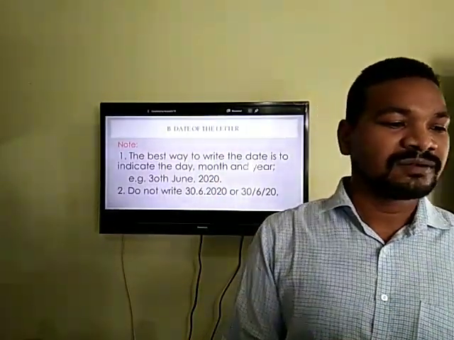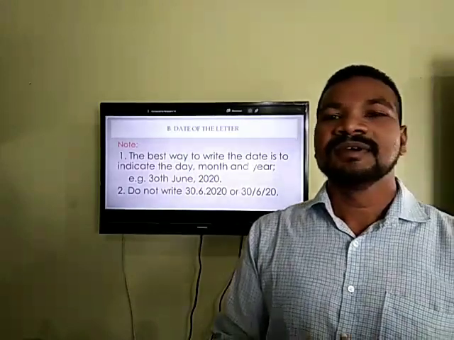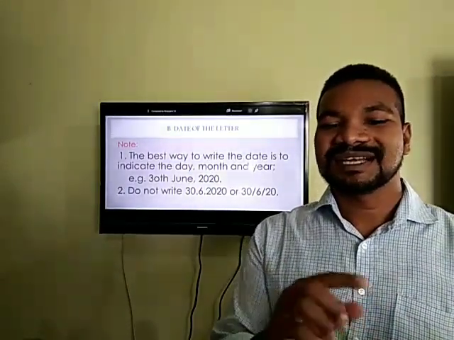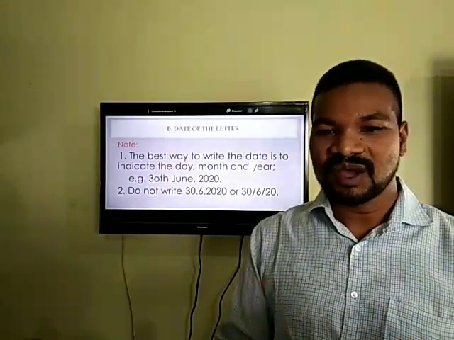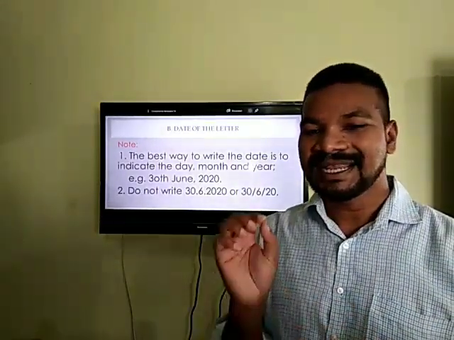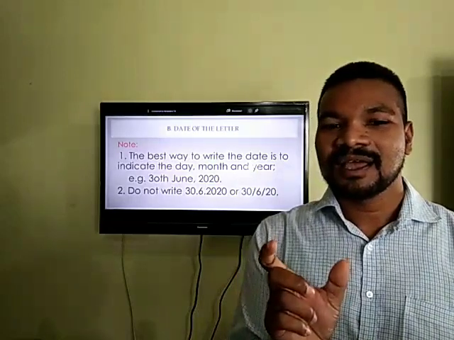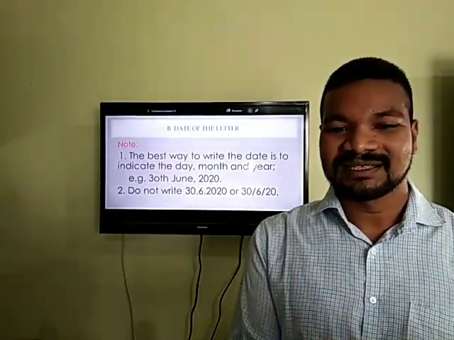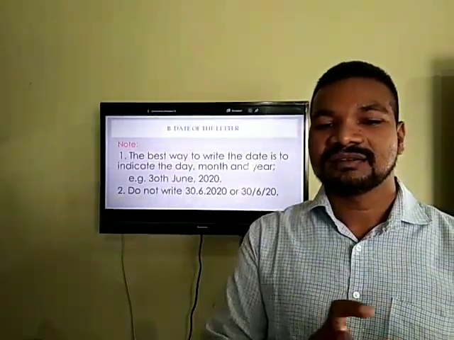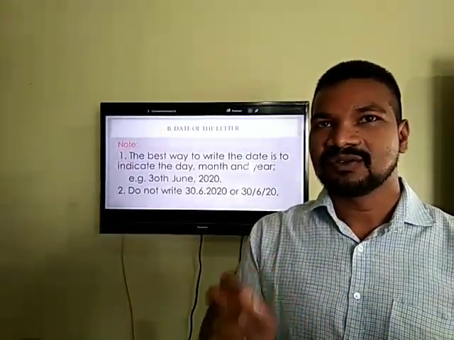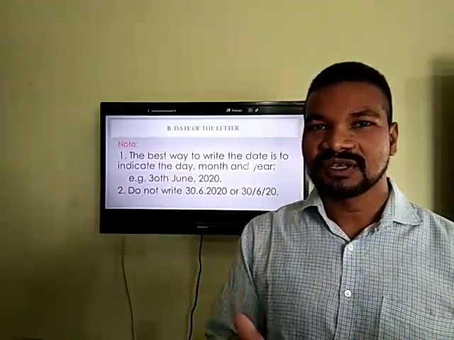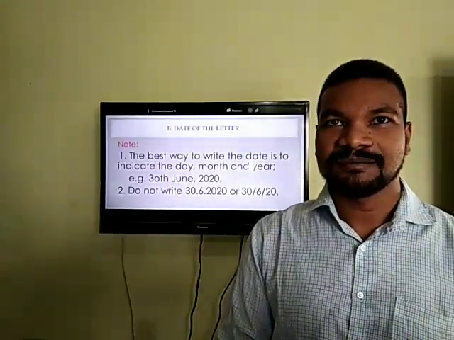Rather, you have to write, for example, 28th August, comma, 2020, dot. That is the proper way of writing it. Not that you write 28.8.2020. Nor should you use slashes.